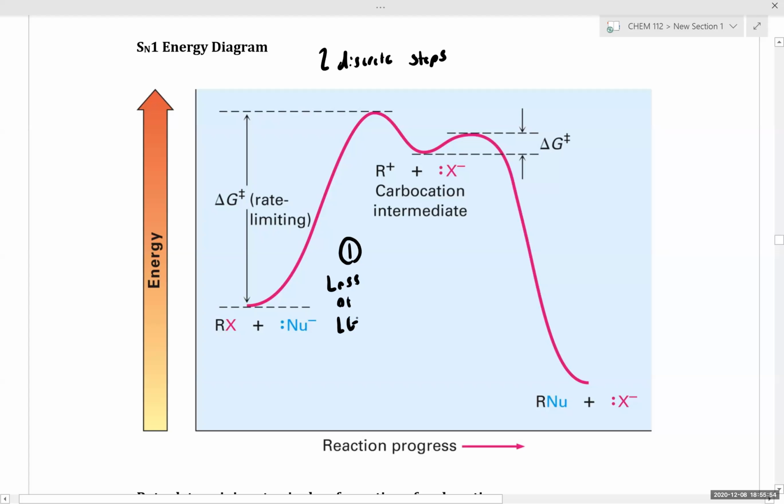And just looking at this energy diagram, if we compare the first step, which is loss of leaving group, to the second step, which is the attack of our nucleophile, my question to all of you is, which step has the larger activation energy and which step is rate limiting? The first or the second step? The first step.